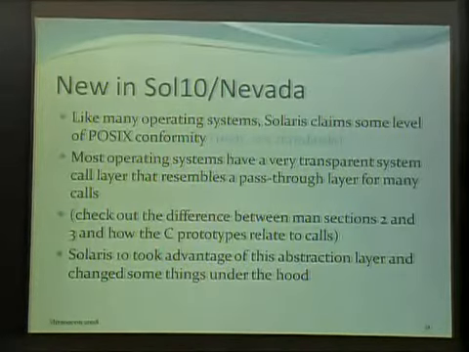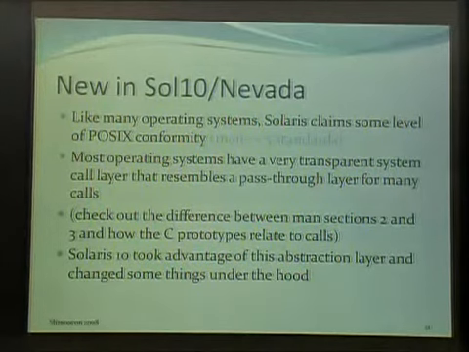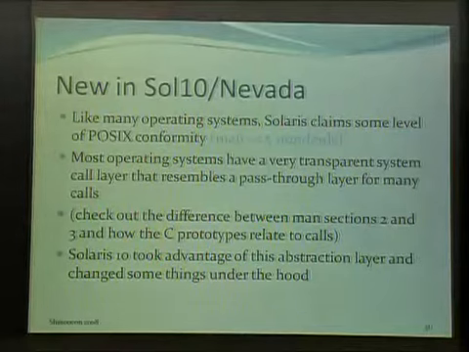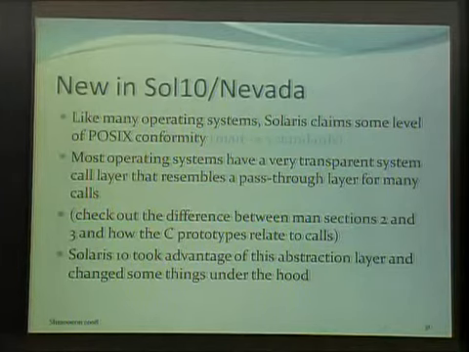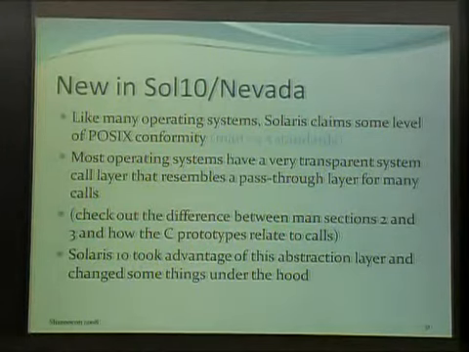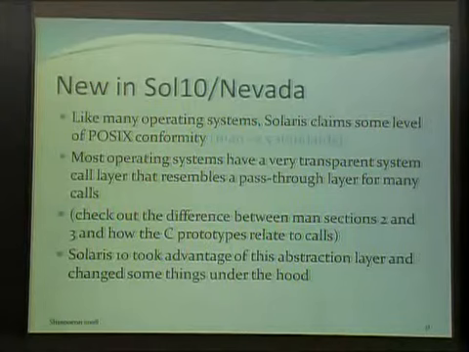All right. So like many OSs, Solaris claims to have some level of POSIX conformity. I don't know what the last OS is that claims total conformity. But anyway, Sun's really nice. There's actually a man page that delineates that this version of SunOS does these things in a POSIX way, and this version of POSIX and everything. It's pretty nice. Most OSs have a very transparent layer. So POSIX gets translated down to the system call, and there's not much in that translation phase.